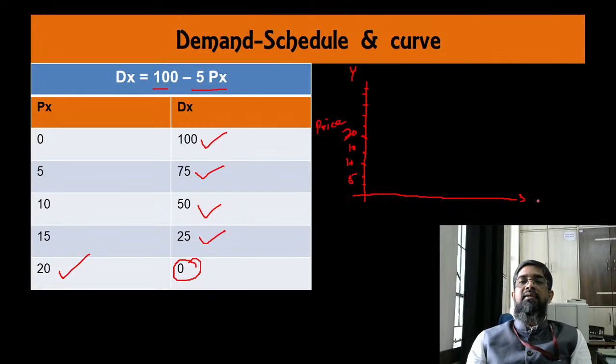On the x-axis we will have quantity Q, starting from 0 to 100. So start with, say, 10, 20, 30, 40, 50, 60, 70, 80, 90 and finally 100.